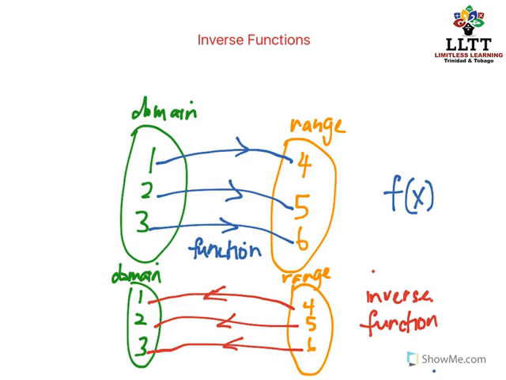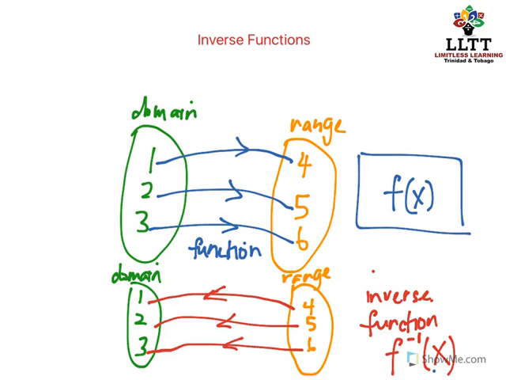If we are talking about our inverse function, it's going to look a little bit different. It's going to look like this: f to the power of -1 of x, and this means f inverse of x. So we say it as f inverse of x. That is the reverse of my function f of x.